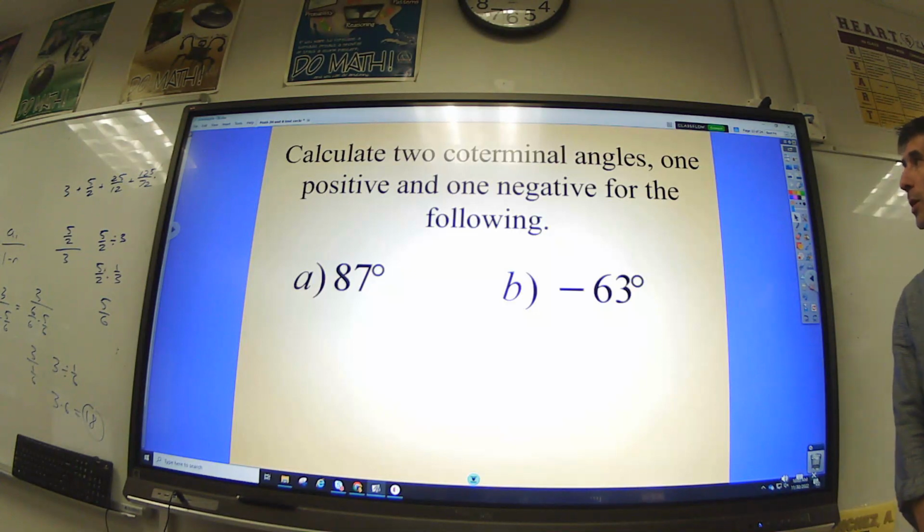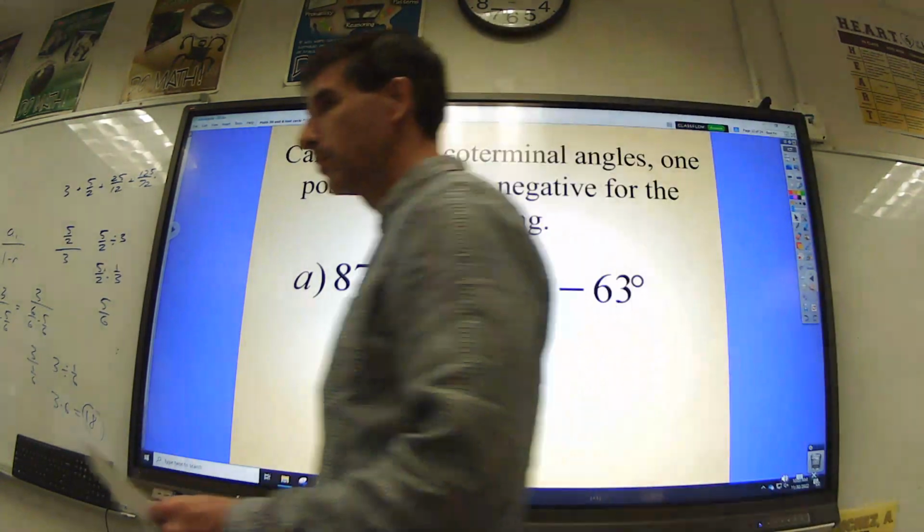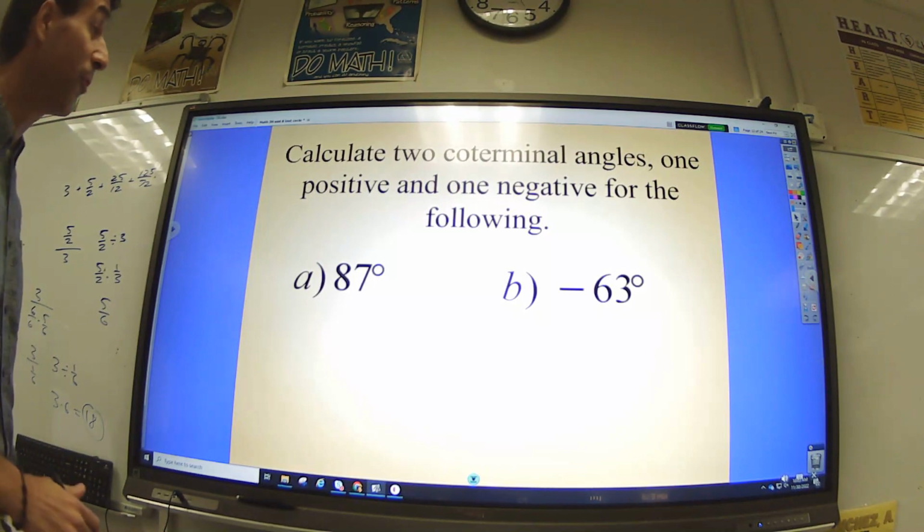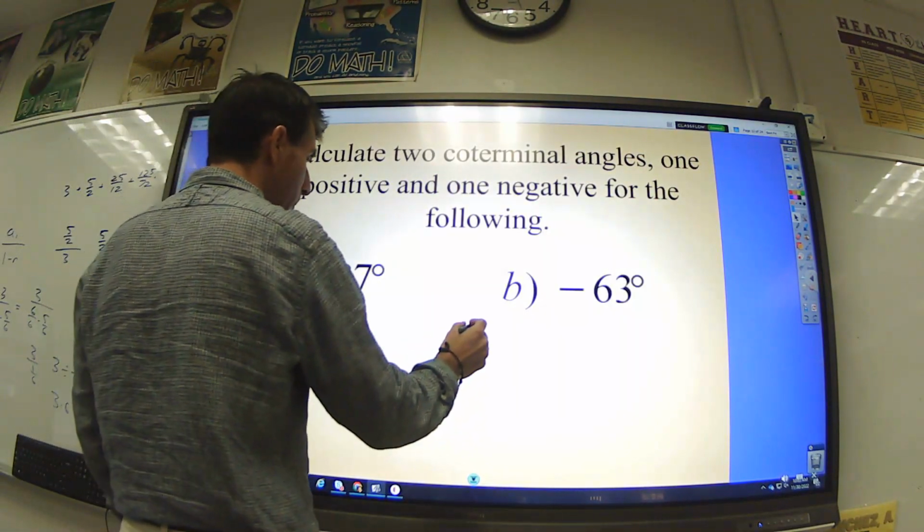Calculate two coterminal angles, one positive and one negative, for the following. What is a coterminal angle? That's a reference angle. Do you guys remember?